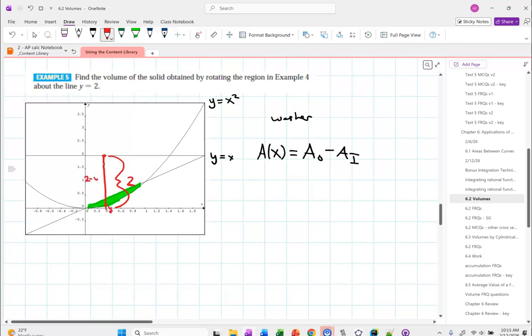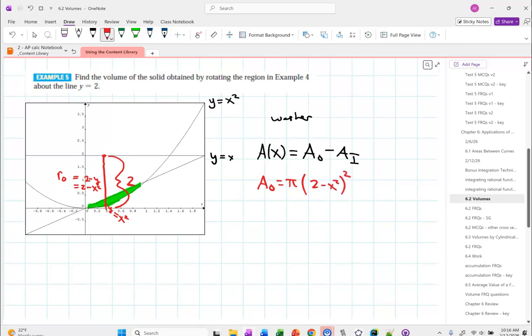So this distance must be 2 minus y. Is everybody okay with that? That's going to be my R outer. And the y coordinate in this case is x squared, because we're on the line y equals x squared. Is that okay with everybody? So A outer is going to be pi times (2 minus x squared) squared.